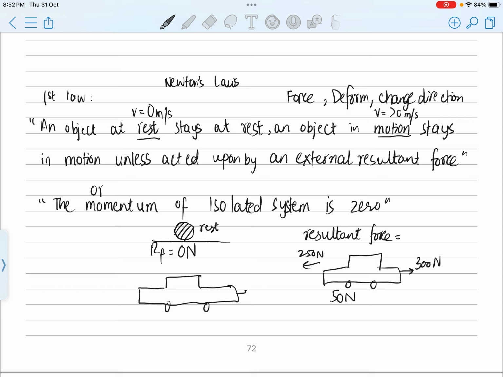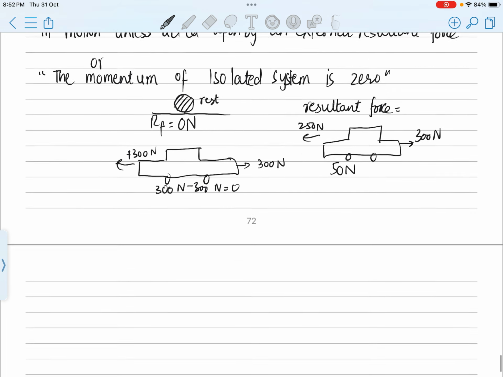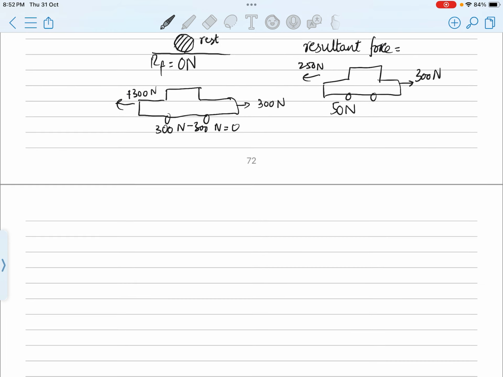So its forward force, for example, let's say is 300 Newton, and to make the resultant force 0 Newton, the friction force also has to be 300 Newton, but in the opposite direction. 300 minus 300. So an object at rest stays at rest, and an object in motion stays in motion, unless acted upon by an external resultant force.